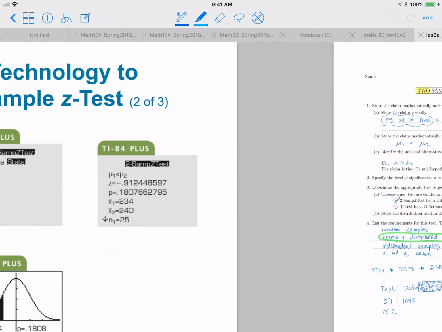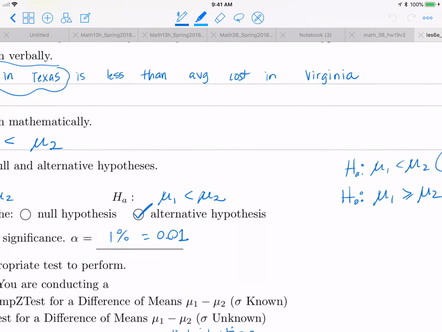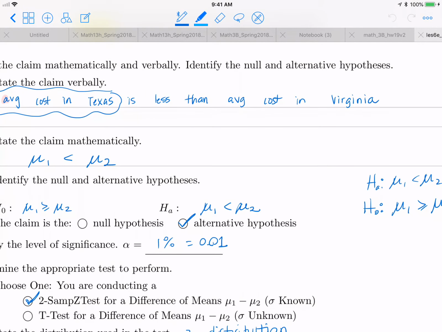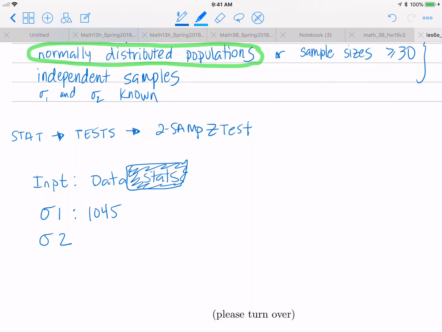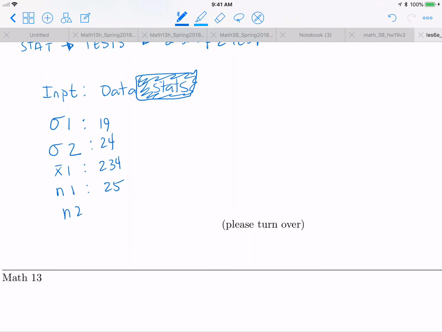And then we have to go to our alternative hypothesis here. This is going to tell us what to select. So let me just go ahead and copy this down here. Sigma 1 is 19. Sigma 2 is 24. X bar 1, 234. N1, 25. X bar 2, 240.